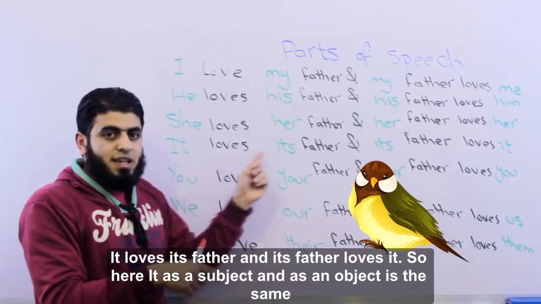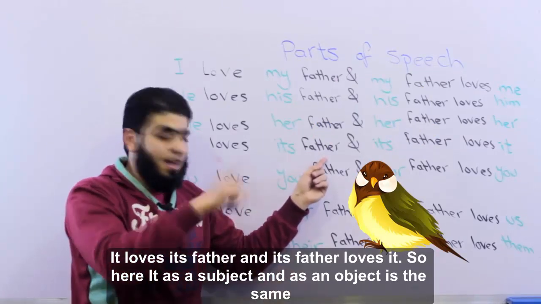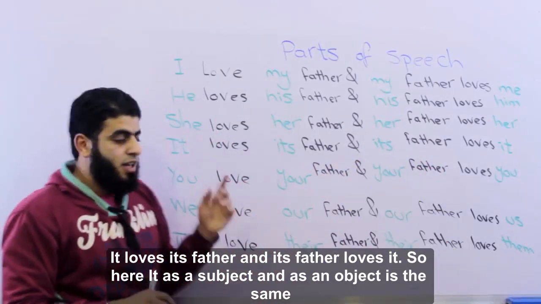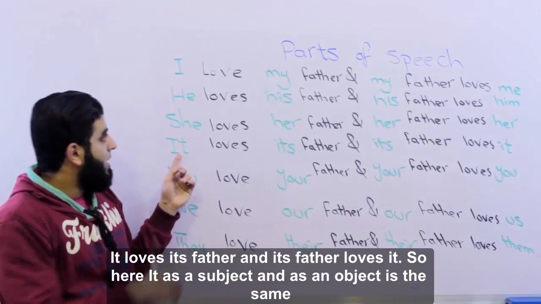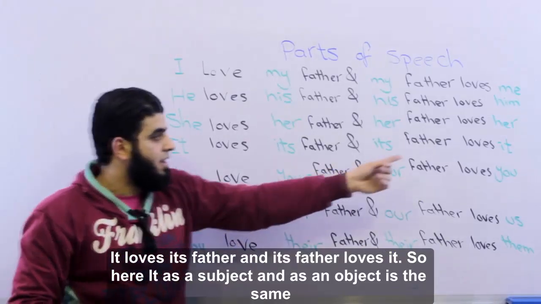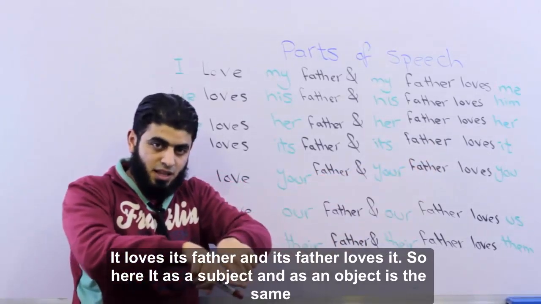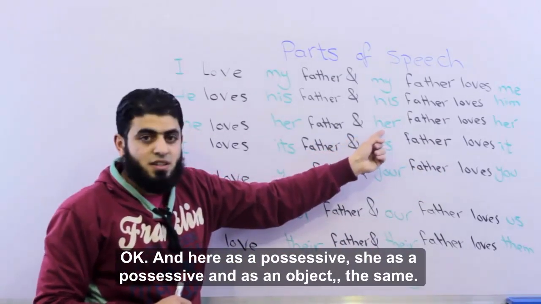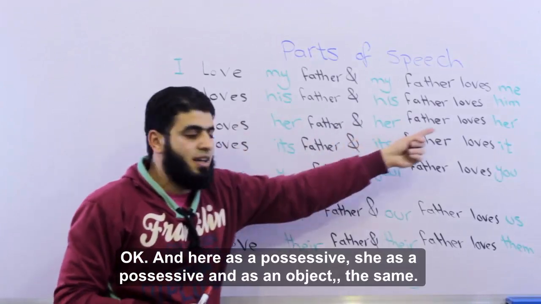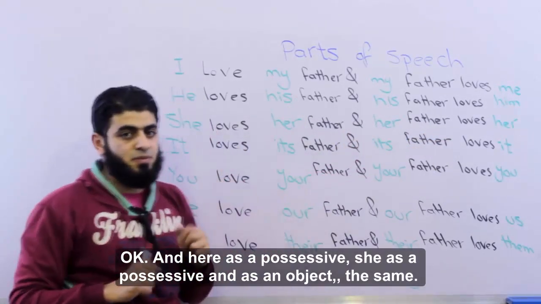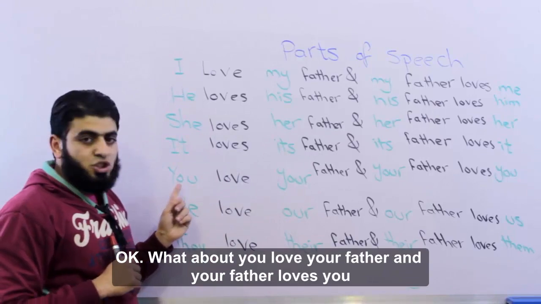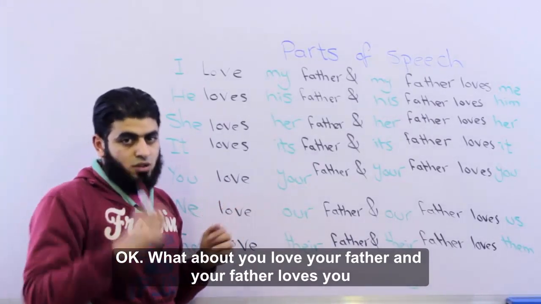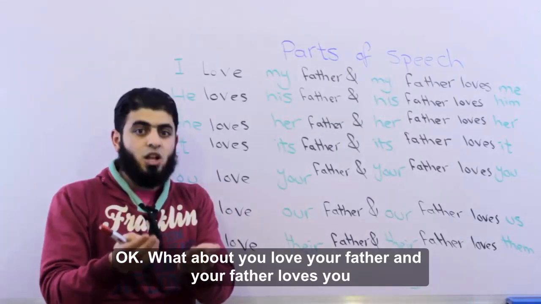It loves its father and its father loves it. So here it as a subject and as an object is the same. Okay, and here she as a possessive and as an object, the same. Okay, what about you? You love your father and your father loves you.